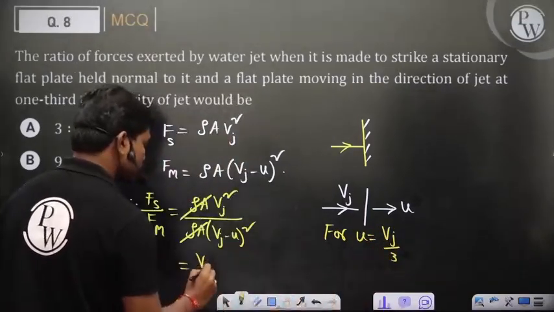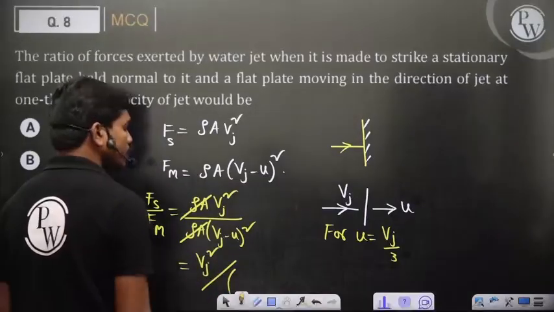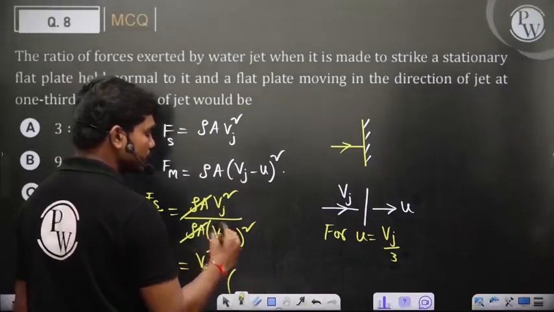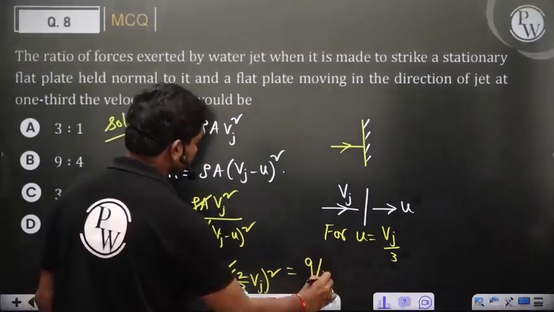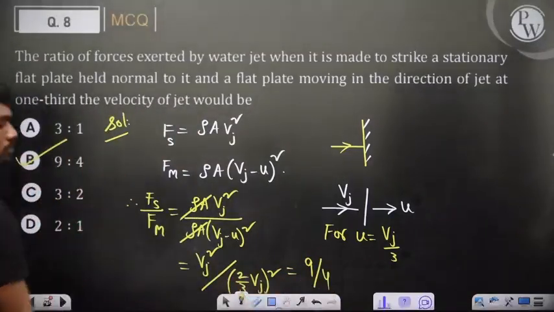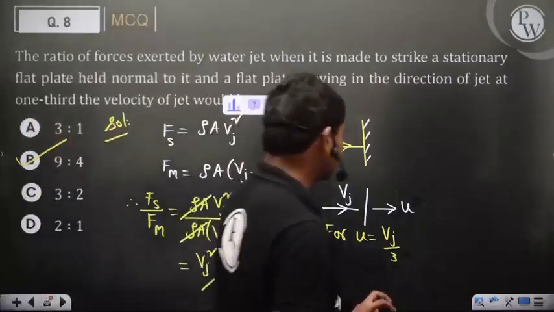This becomes Vj square by (Vj minus 1/3 Vj), which is 2/3 Vj, square, so which is 9/4. That's it. Simple question based on the jets.